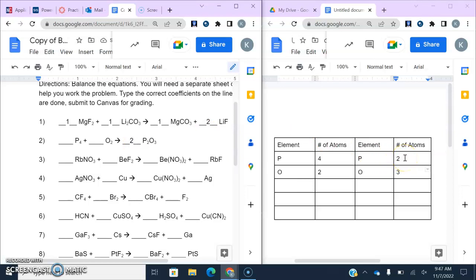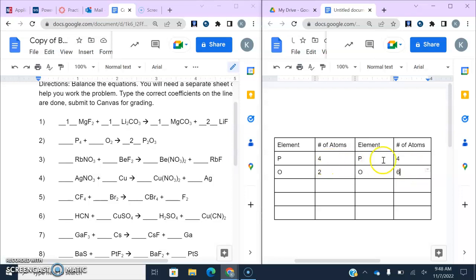And again, we know we want to change our atoms as we go. So since we've put this 2 coefficient here, my phosphorus on my right is now going to be 4, and my oxygen is now going to be 6. Because remember, whatever coefficient you put in front of the compound affects all of the elements in that compound. So 2 times 2 is 4. 2 times 3 is 6.